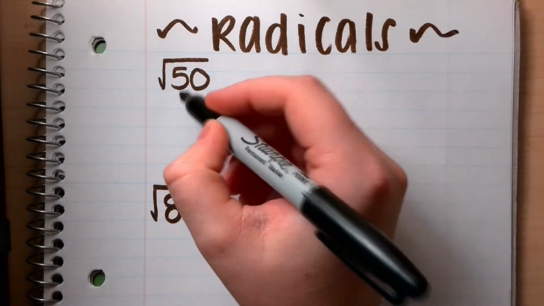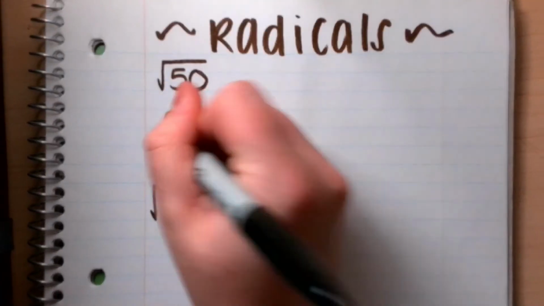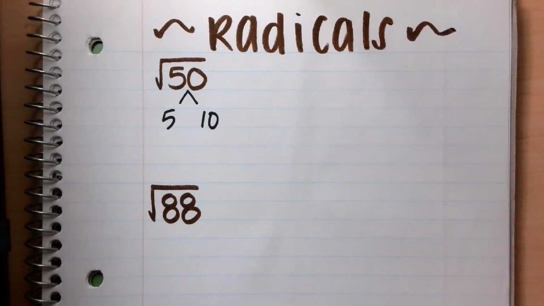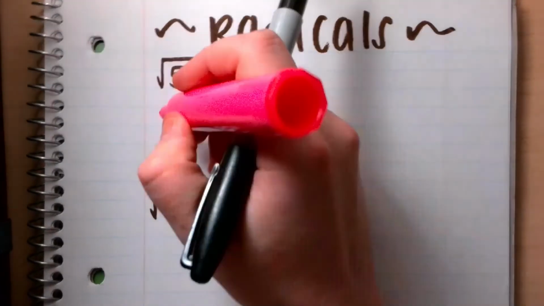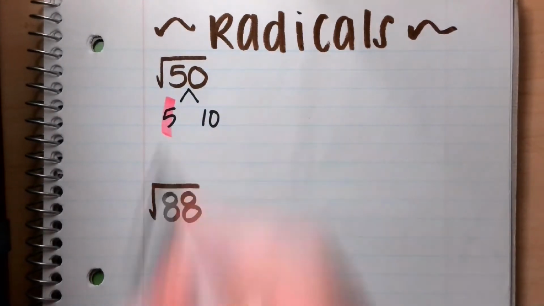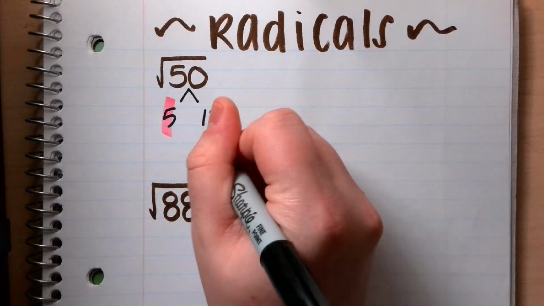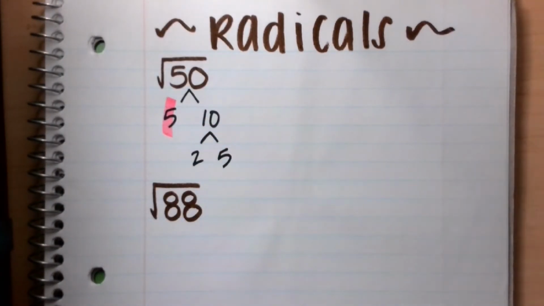Looking at 50, we know we can multiply 5 and 10 to get 50. 5 is a prime number, so we're going to stop and highlight that one. We can't break that down any further. 10, we can keep simplifying. We know we can get 10 by multiplying 2 and 5 together.